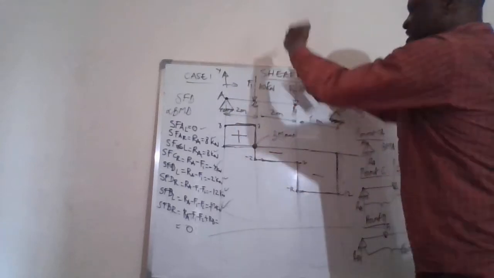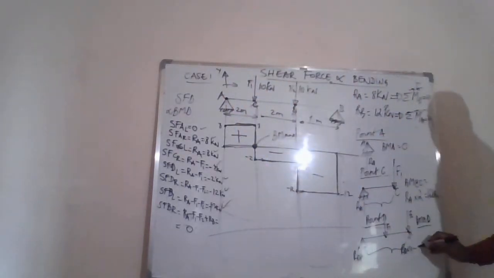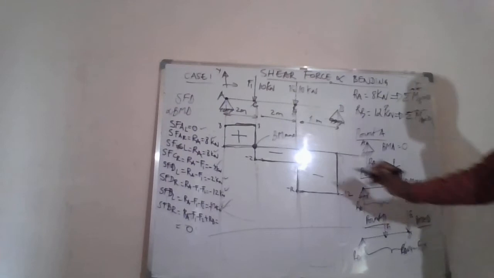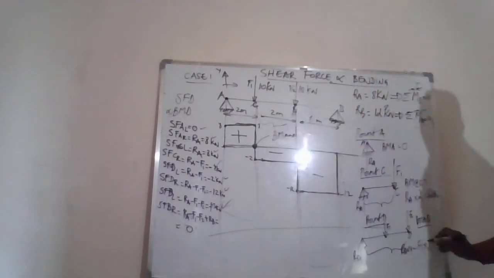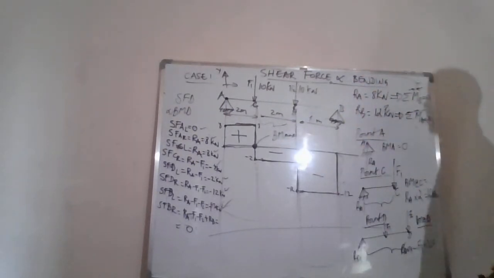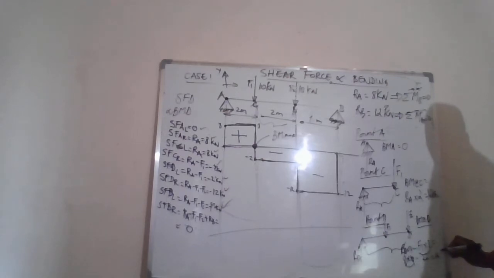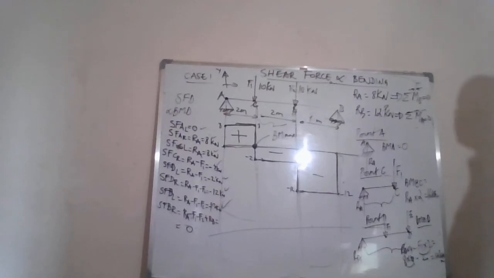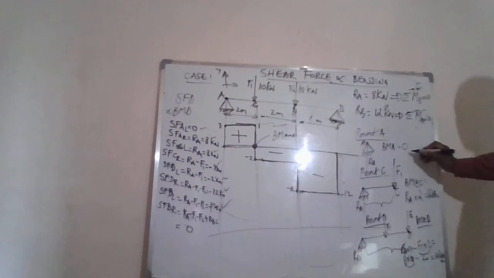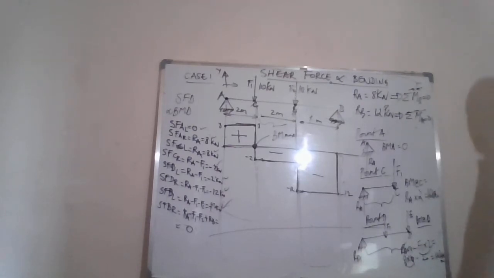F1 will create an anti-clockwise moment, minus F1 times the moment arm, which is 2. And we can get the resultant moment at D, which means 8 times 4 minus 20, 32 minus 20 is 12 kilonewton meters. That's the moment on D. We started with 0, 16, 12.